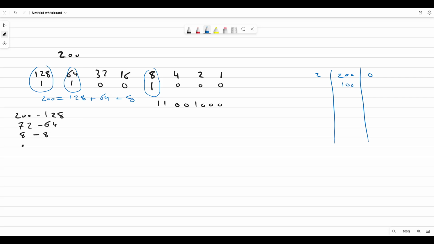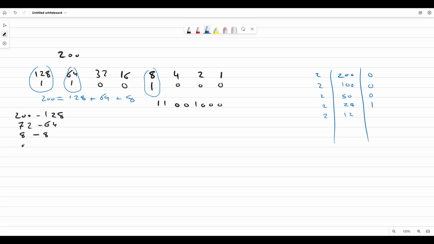We must write the remainder. 100 by 2 will give us 50 and the remainder 0. 50 by 2 gives us 25, the remainder is 0. 25 by 2 gives us 12 and the remainder will be 1.